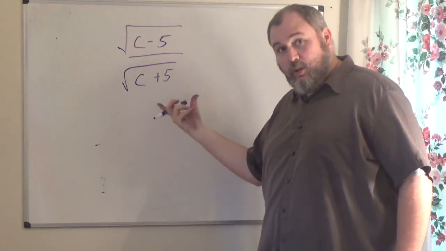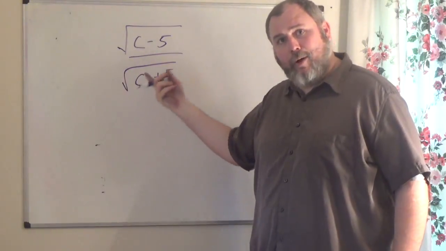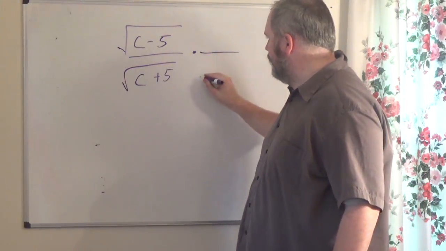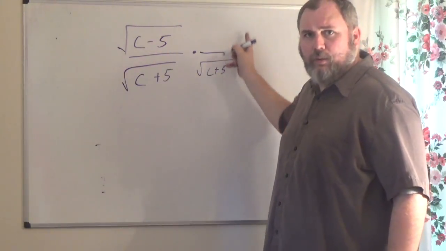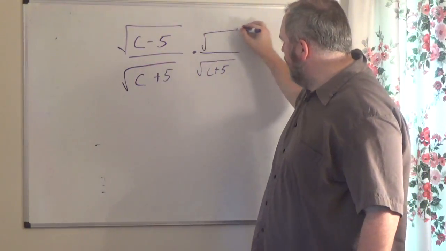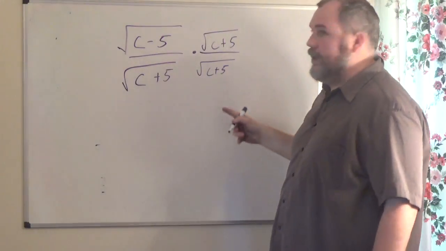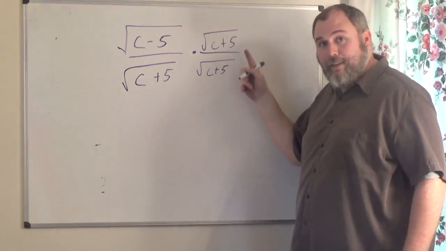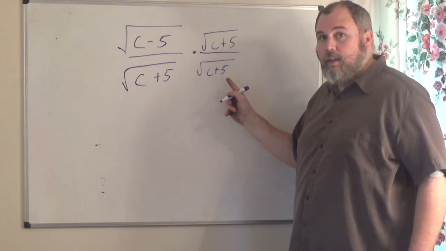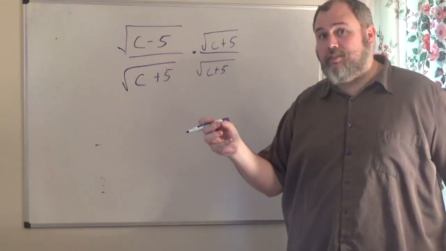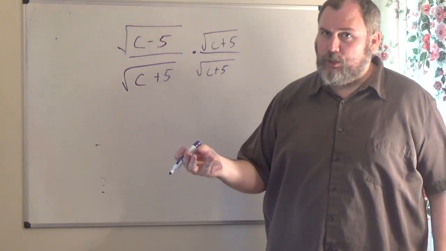Now, what I need to do is rationalize this denominator by multiplying it by itself. But in order for me to really do this, I also have to have a numerator that happens to be the same thing. Why has this got to happen? Because I can only multiply a number by 1 in order to change its looks, but not change its value.